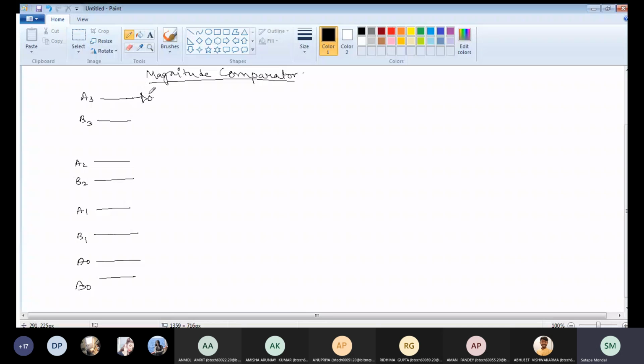So A3 bar it will become, and here B3 bar, A2 bar, B2 bar, A1 bar, B1 bar, A0 bar, B0 bar, because we are using the NOT gate. Now all the gates will come here.